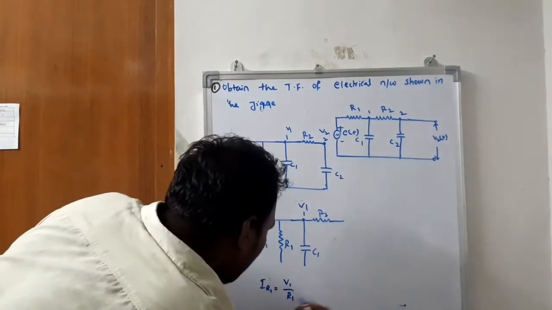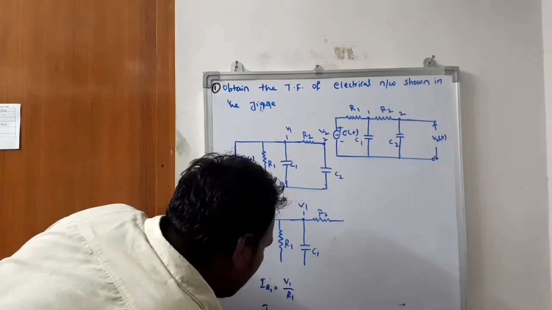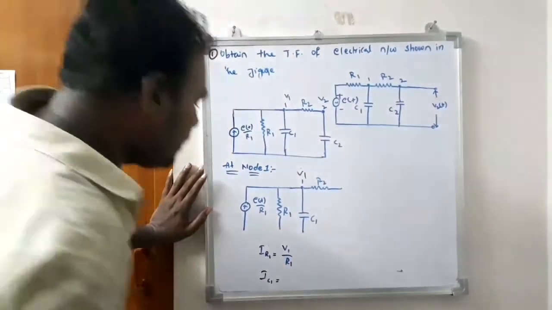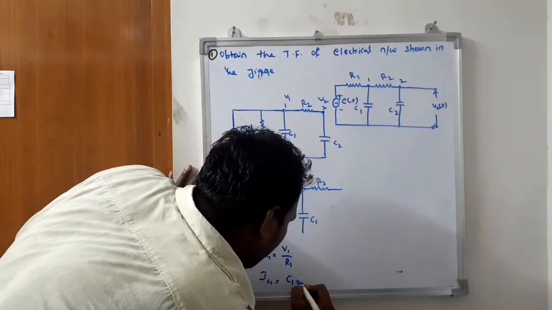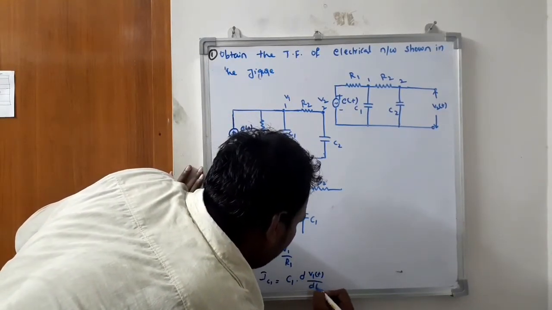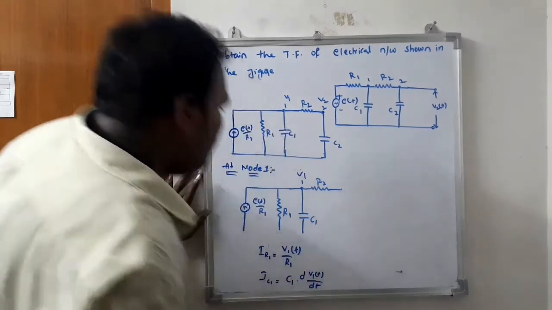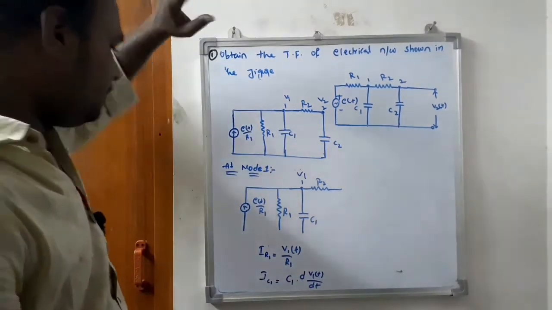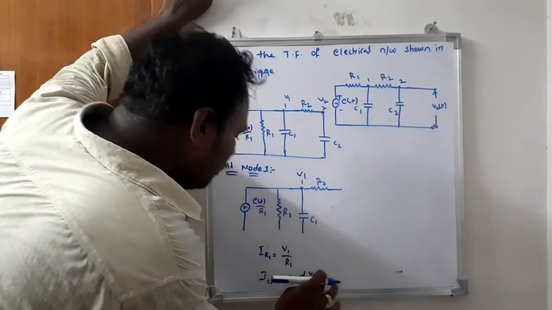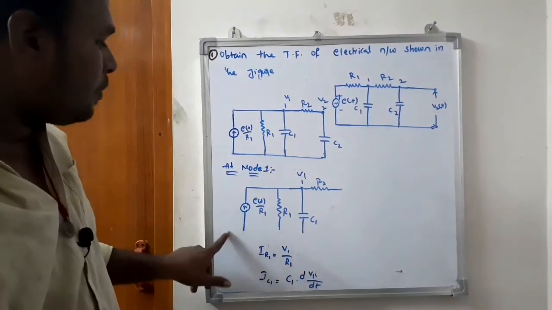Coming to the capacitor, the current through the capacitor is C1 into dV1 by dt, here also V1, not V1 of t. And what is the current source here?